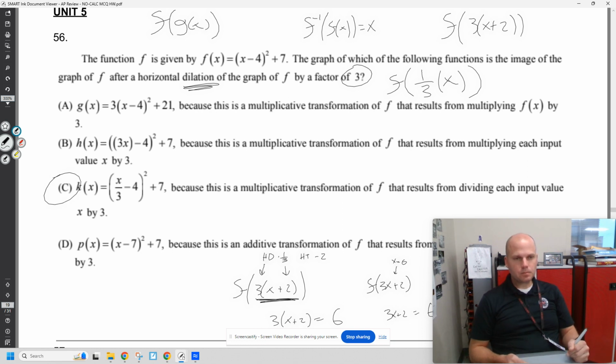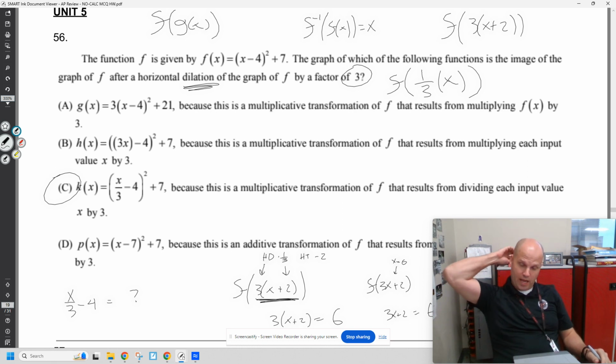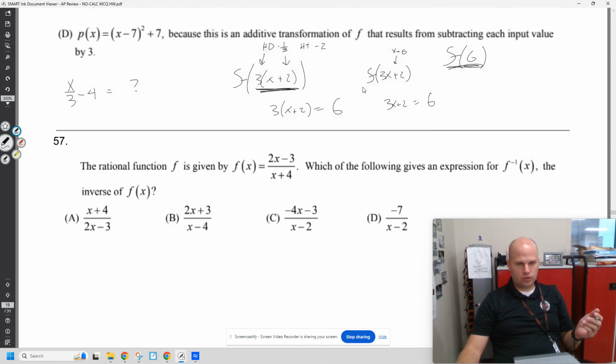Now, if I were to take this and set it equal to the number you're looking for, what would you do first? You would translate first, you would add 4 first, and then you would multiply by 3. But it doesn't matter with this question, the order. You just need to see you need the x divided by 3 to do the horizontal dilation of a factor 3.